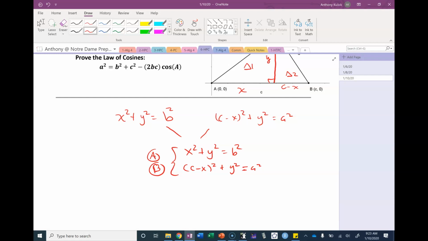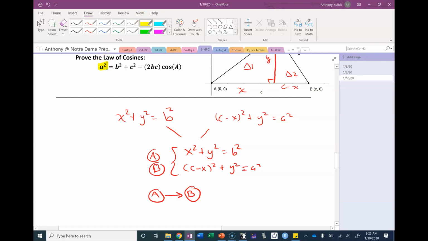So did we make a decision which one's going to be more convenient? A into B. Why is A into B going to be the better choice? Because of the (c minus x) squared. Look at what we're trying to prove.